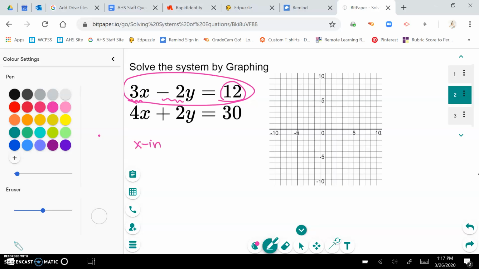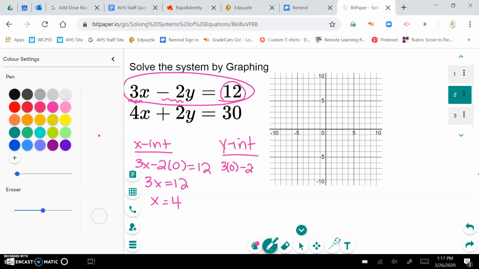So when I find the x-intercept here, I'm going to get 3x minus 2 times 0 equals 12, giving me 3x equals 12, so x is equal to 4. When I find my y-intercept, I do the opposite, so 3 times 0 minus 2y equals 12.